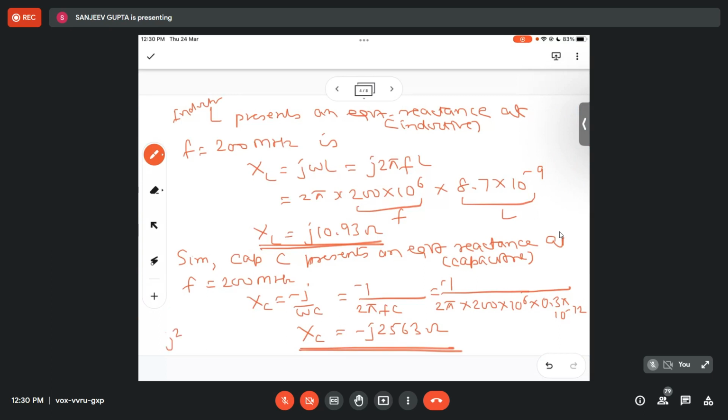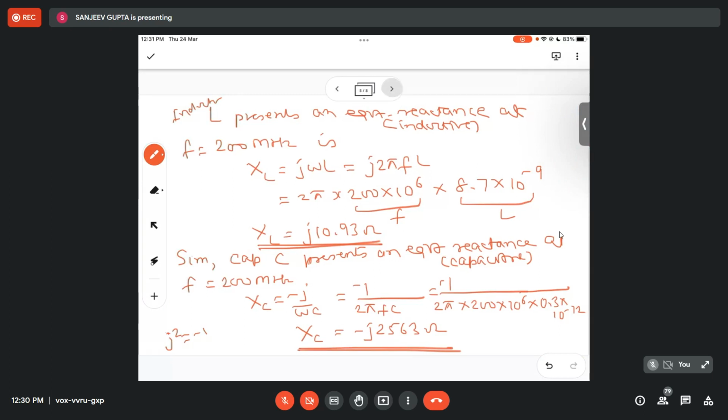So please note that this is something we know, the imaginary value, iota square or j square, whatever you prefer to put, it is the same thing.